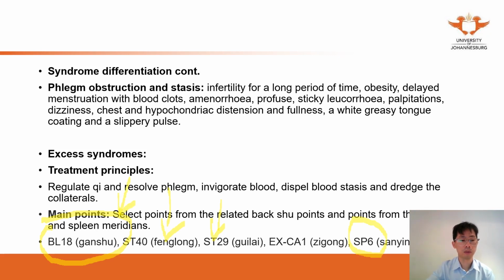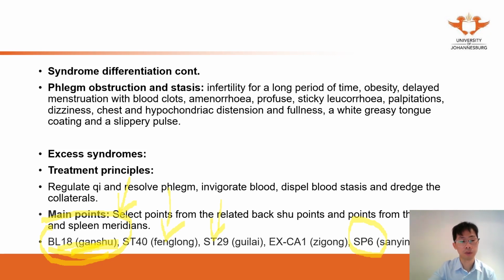There are multiple reasons. Firstly, the liver stores the blood, so it can help to regulate the menstruation. The liver, especially for stagnation, can activate the stagnation. Bladder 18 as well. Also the Back-Shu points are more used for tonifying, so for deficiency.